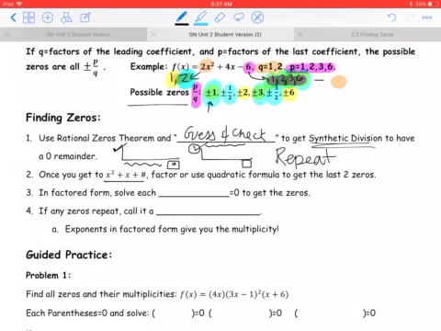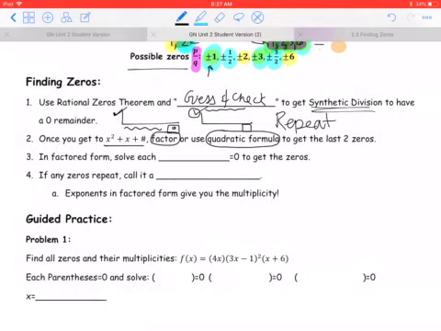Once you get to x squared, you could keep using synthetic division. It's not any harder, but you could factor if you think it's a super easy factoring problem. Or if you hate factoring, you could also use the quadratic formula, but I highly suggest using factoring or synthetic division. Once you get to factored form, so let's say we got to this point right here.